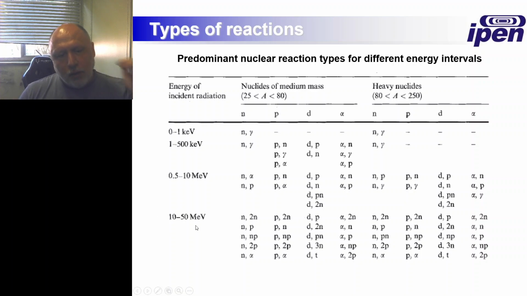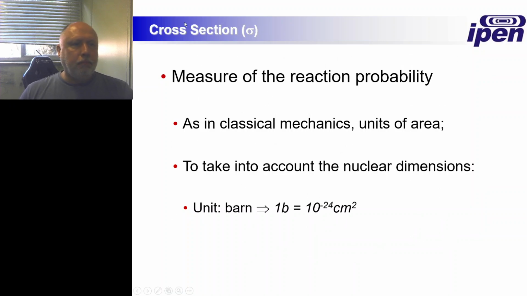And when we increase energy, you see much more complicated reactions starting to happen. So, as a rule of thumb, low energy means simple reactions, and as you increase energy, you start to have more complicated reactions happening. Right?